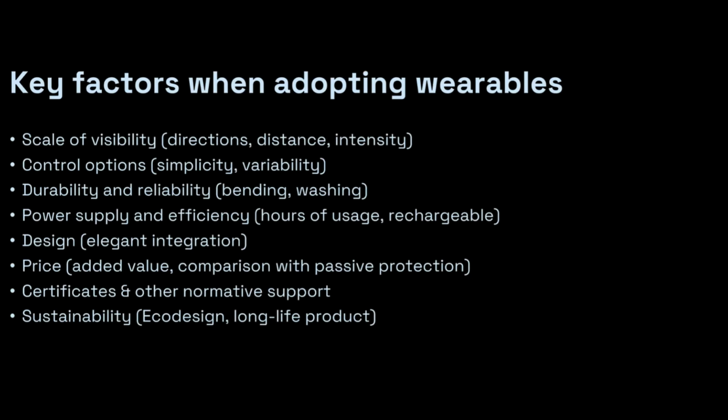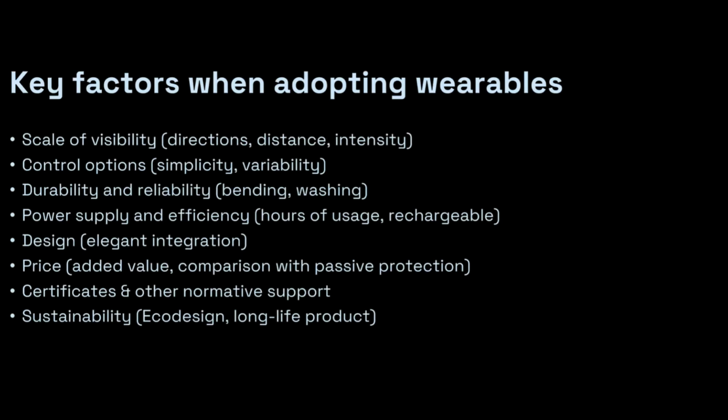First of all, scale of visibility: how much is visible and how long, for which distance. Then we have control options, if there are any, or is it too complicated, for example, for the user. Then they are looking for durability, because obviously nobody wants their jacket to be ruined by some new technology that they are implementing.